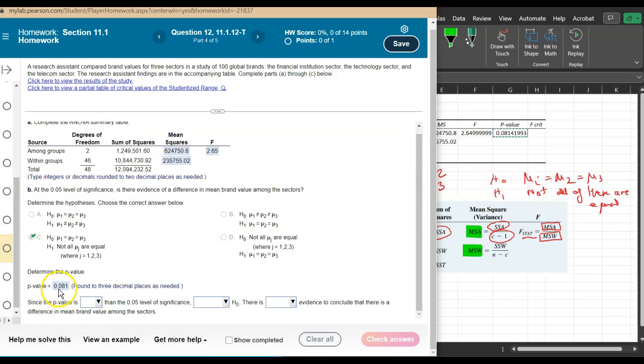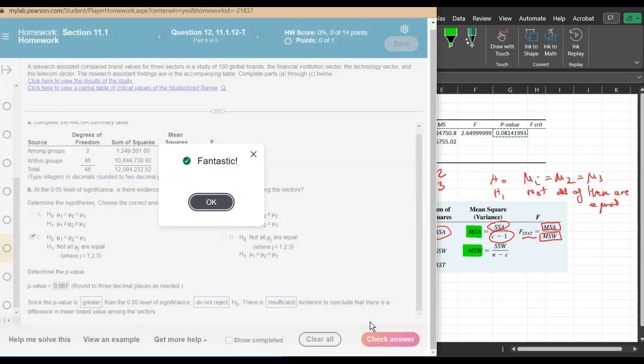Now, comparing the p-value with the alpha value, which is right here, 0.05. Obviously the p-value is greater. Once the p-value is greater, we do not reject, so we have insufficient evidence. If we did not reject, what is the meaning of this?